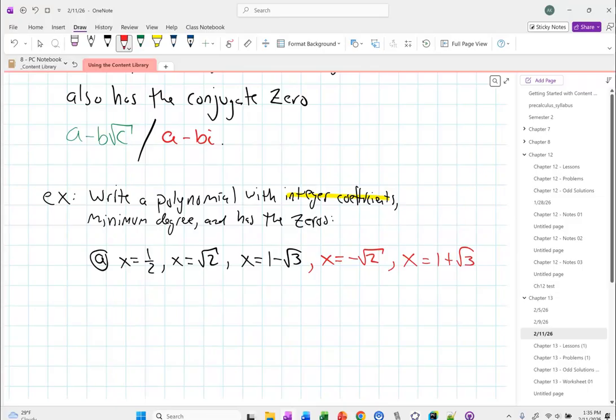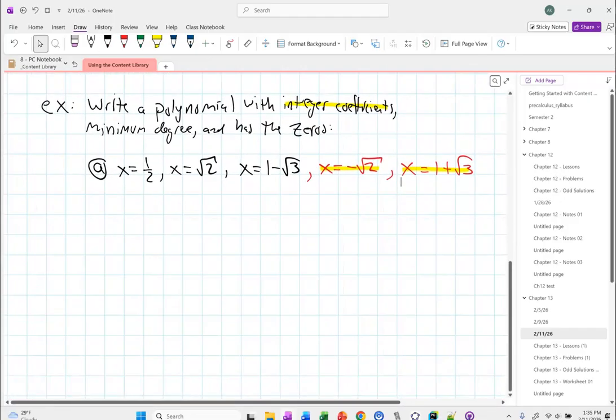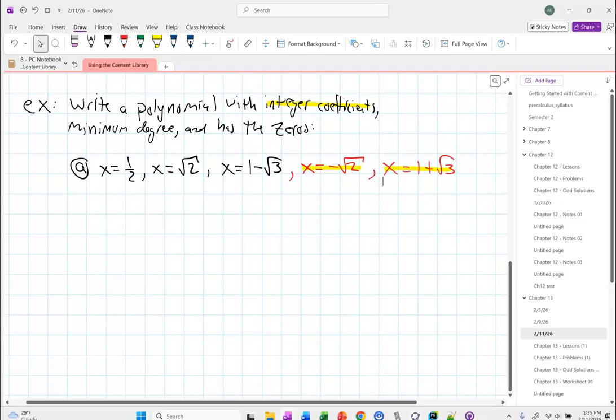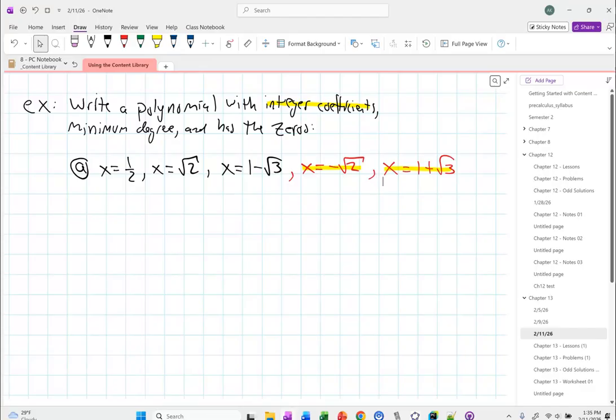Is everybody okay there? I know I have to satisfy those two theorems. Everybody good so far? Okay. If I'm going to have integer coefficients, because I had irrational zeros, I have to make sure I also include their conjugates. Now what I'm going to do is take each one of these zeros and convert it into a polynomial.